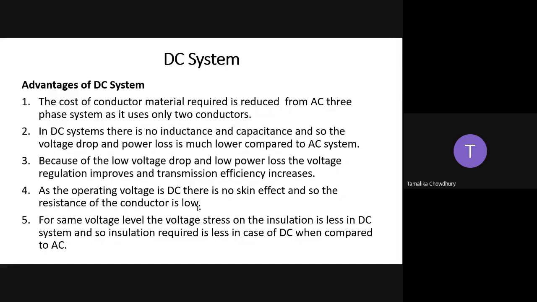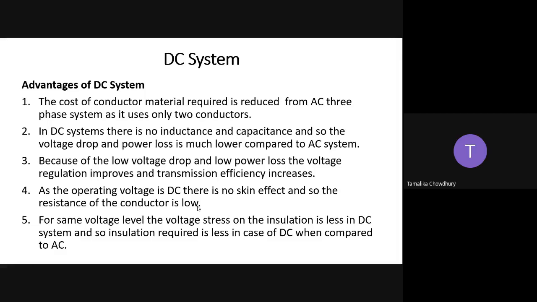This will be discussed later. Skin effect is another effect that is introduced when we use AC. So skin effect is not there if we use DC, and so the resistance of the conductor is also low.